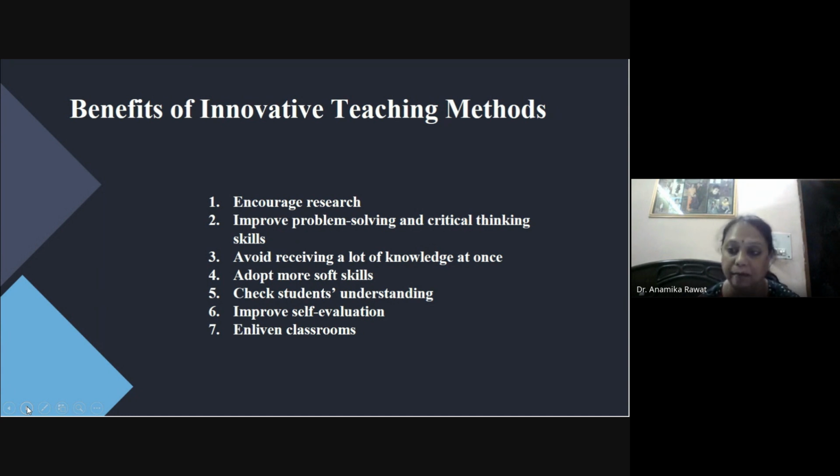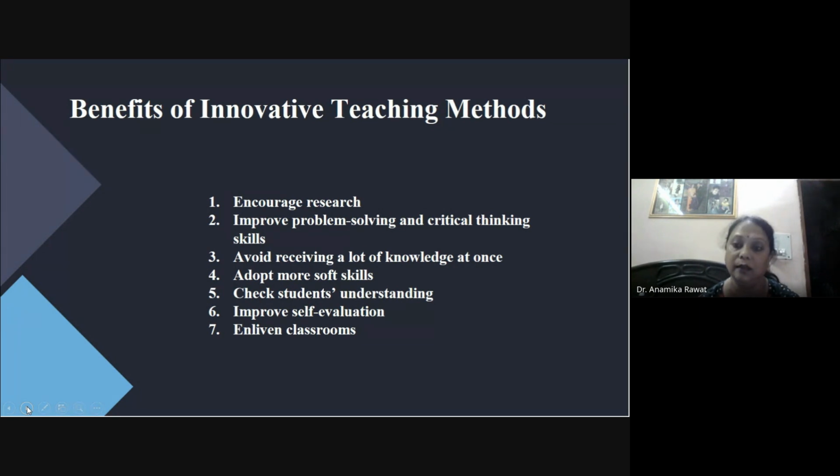If I'm talking about the class as well, there is a requirement of research. Every student has their own problem. Every student has their own questions. So how are we able to find out the solution?